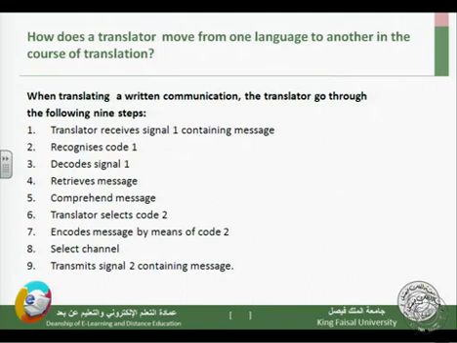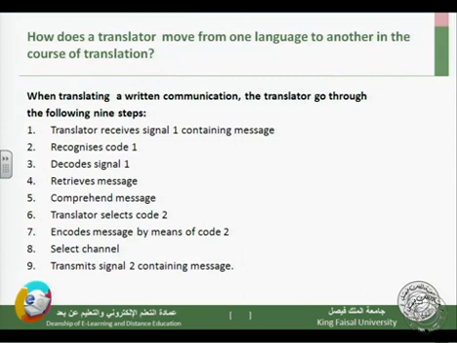Number 1, the translator receives signal 1 containing the message. When he receives it, he recognizes the code. And then he decodes signal 1. It means he tries to deconstruct it, to understand it. Then retrieves message, then comprehend message. Comprehend message means to understand it.